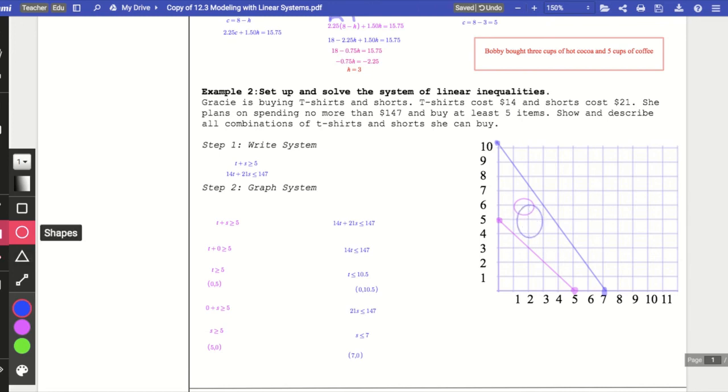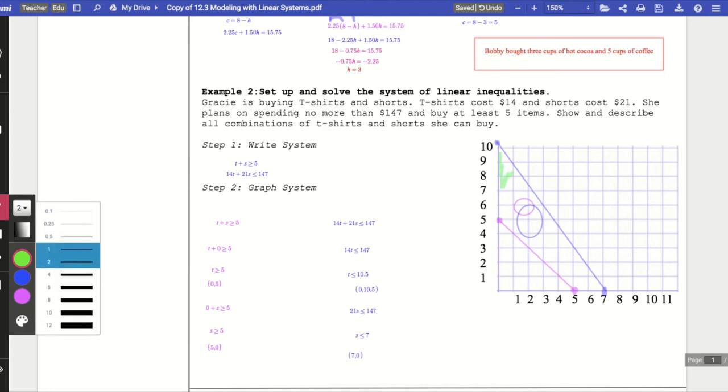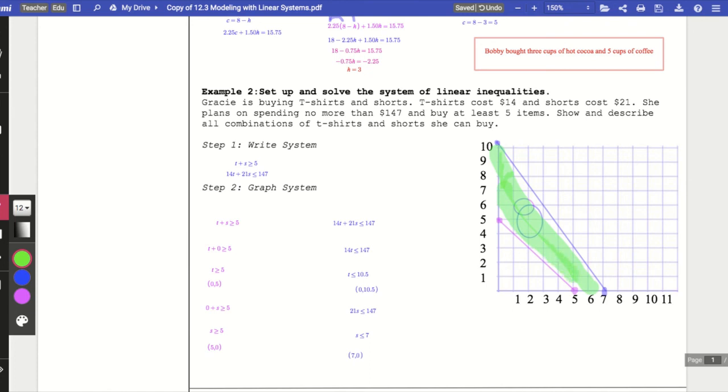If I shade in between, let's go ahead and get our color tool out. We'll shade our solution as green, green for go. We'll make it bigger so I don't have to do this forever. Then this area right here, in between the two lines, is effectively my solution.